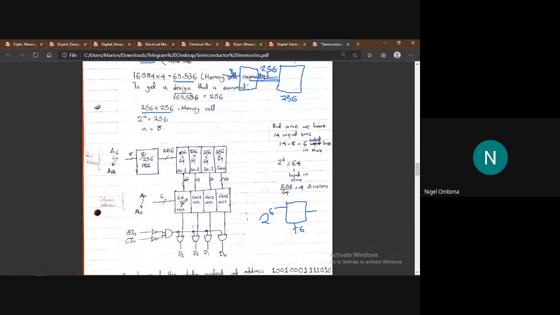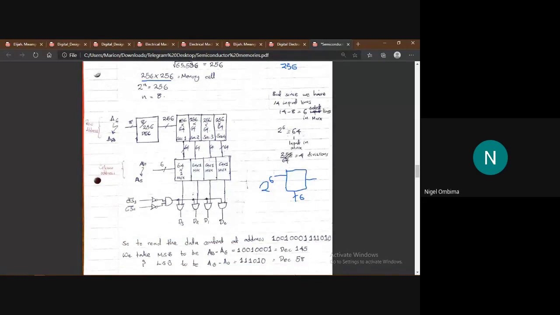So if one multiplexer is 64 by 1, we take 256 divided by 64 to get the number of divisions that we're supposed to put inside our memory cell matrix. So 256 divided by 64 gives us 4 divisions. That's why I divided here 4 times, so that we can multiply 64 by 4 to get 256.